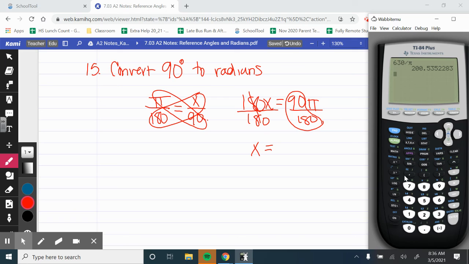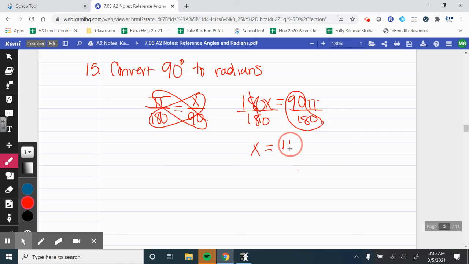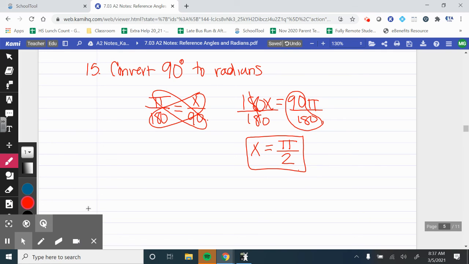And you can see that reduces to 1/2. So here we could write this as 1/2 pi or pi over 2. We don't have to write the 1, so we usually write that as pi over 2. So 90 degrees is equal to pi over 2, and that's one we're going to eventually want to have memorized.